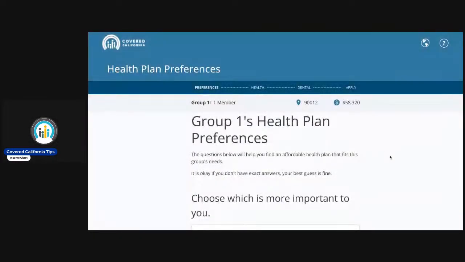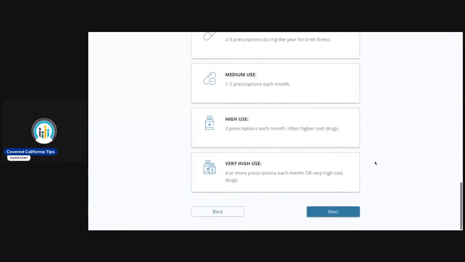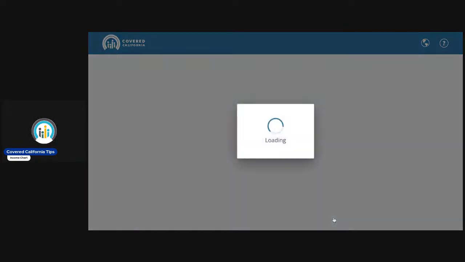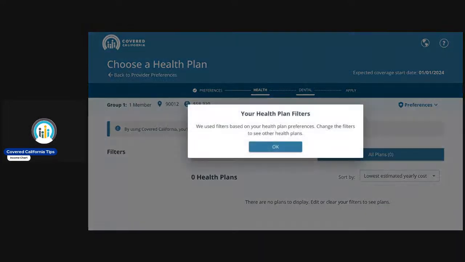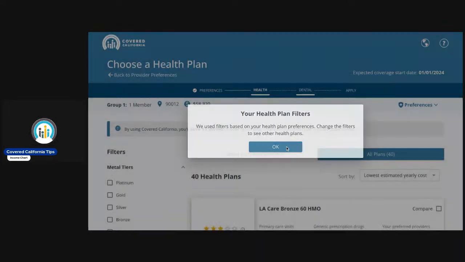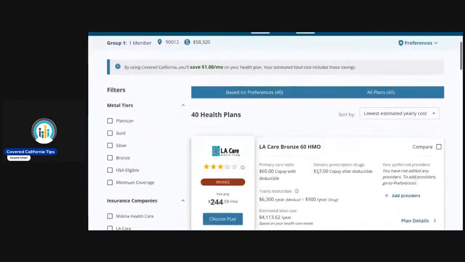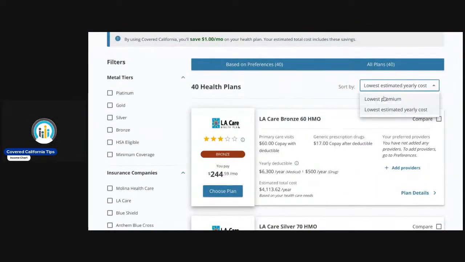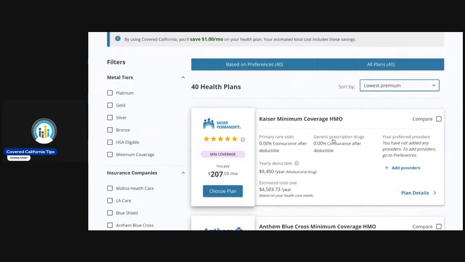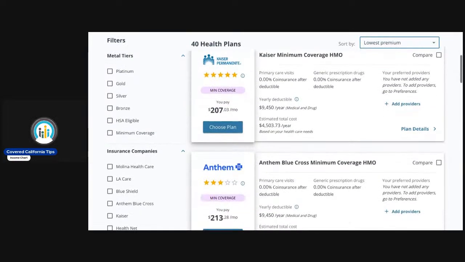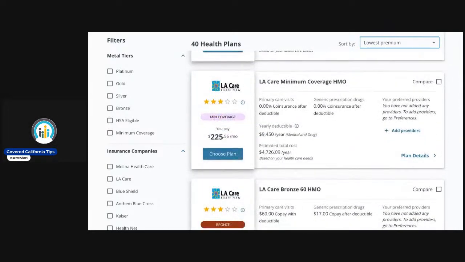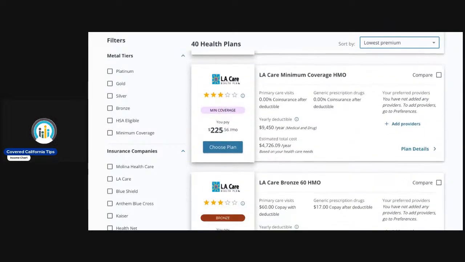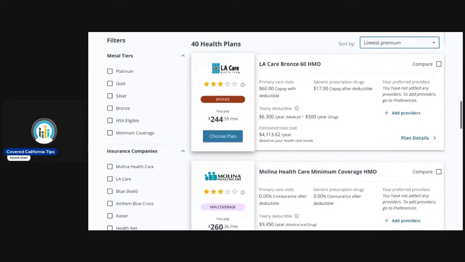But for the same exact person, what you're going to see is a drastic change in the cost of that monthly plan, right? Because they make a little bit more, so they can afford to pay a little bit more. So that same person would then be paying, looks to be, $225 per month. So, I mean, it's a big difference based upon income.